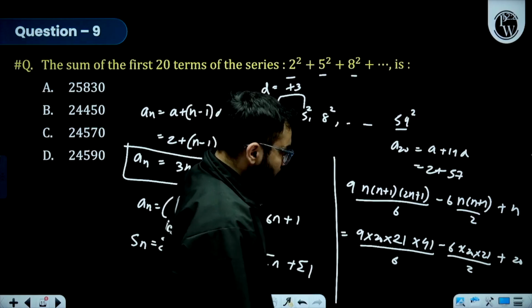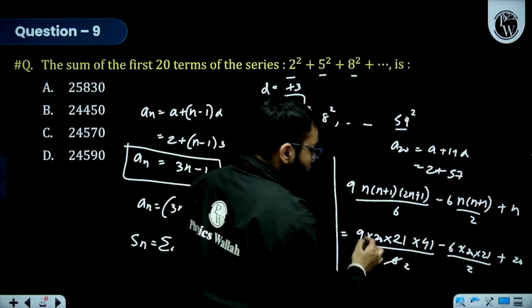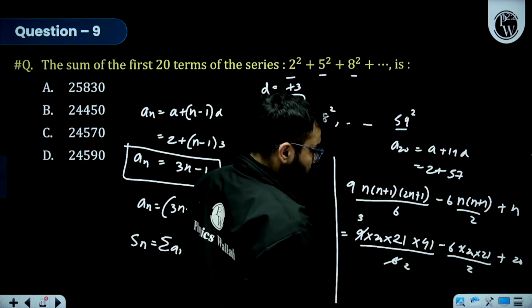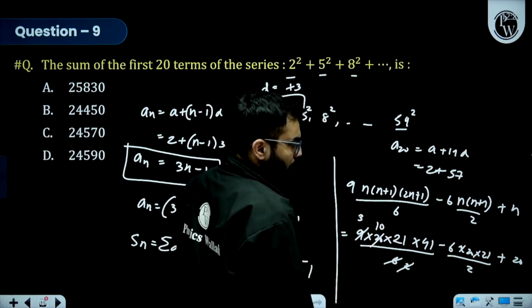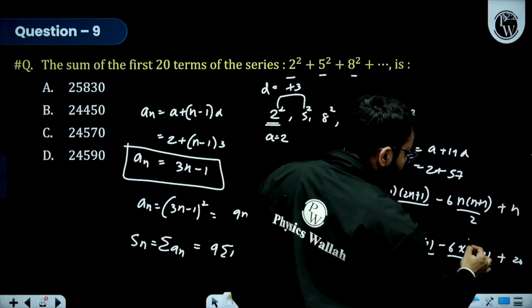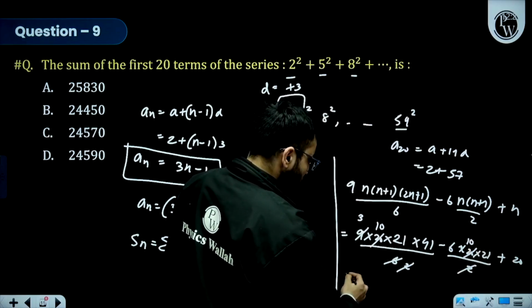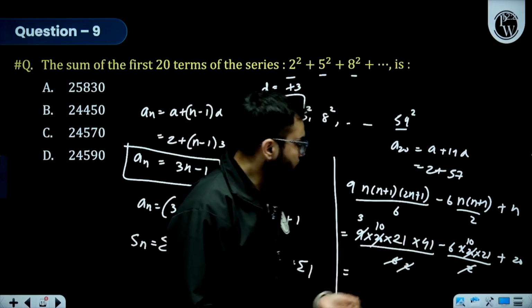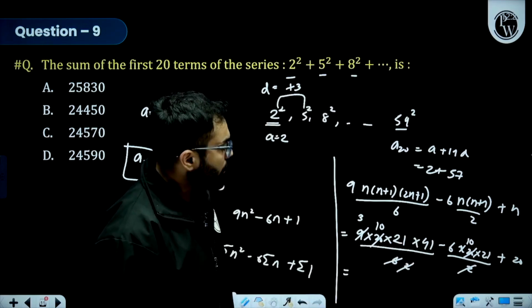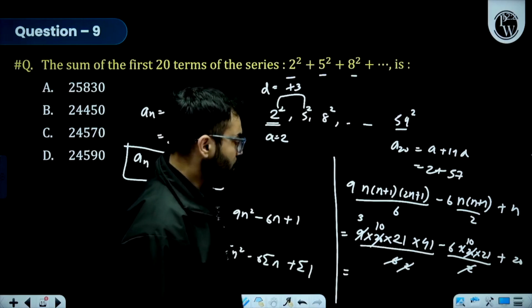Let us resolve it even further. 3 times 2, 3 times 3, and this becomes 2 times 10, and this becomes 2 times 10. So what we are going to get is 21 times 41, which is 820 plus 41, 861.